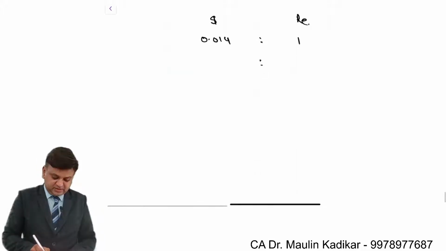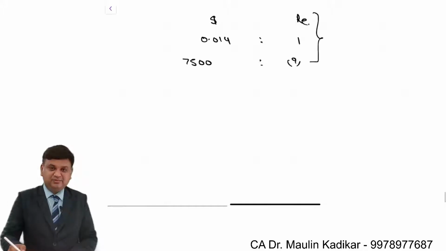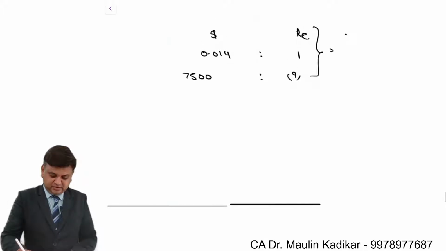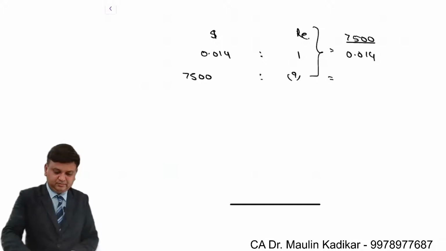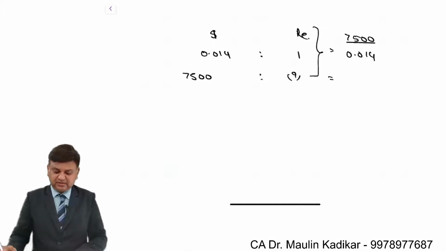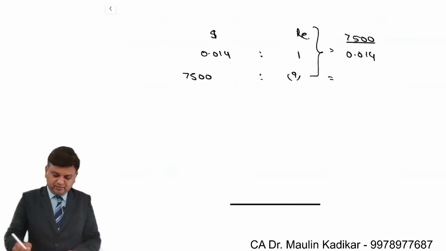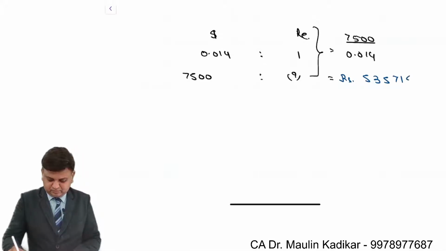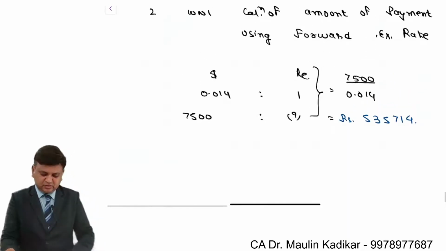The amount of the consideration is $7,500. So it is equal to this amount of rupees: 7,500 divided by 0.014, which is 5,35,714.29. Let us ignore the fraction.